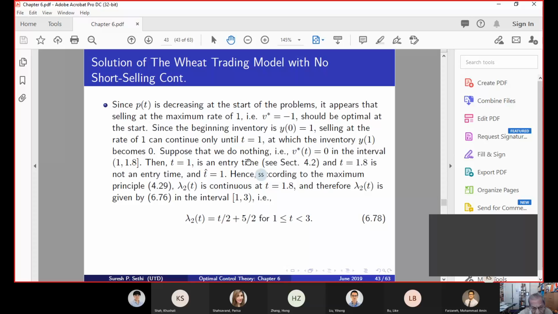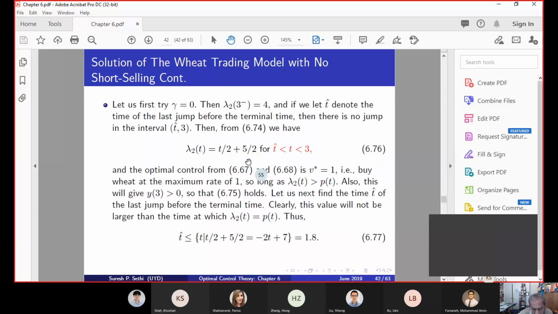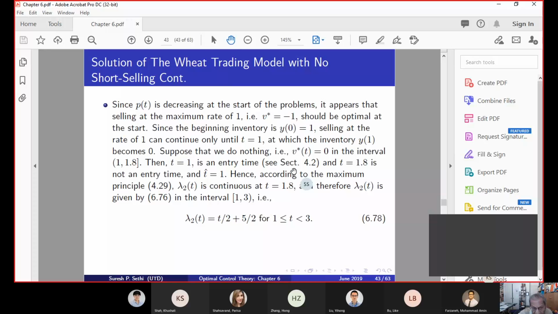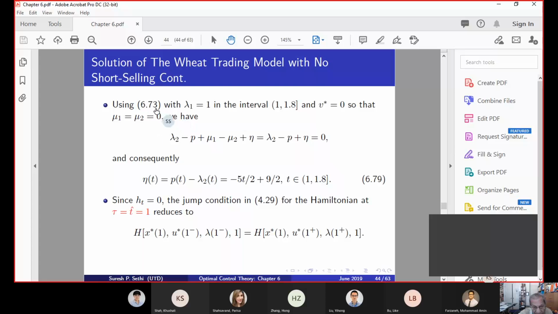So if you go back here, first I found 1.8. Then I went to the beginning. In the beginning, I said I'm going to start selling. So I start selling. And I said lambda 2 is continuous, so I can go lambda 2 all the way from 1 to 3. So that allows me to have a lambda. And then I substitute those conditions here in my Lagrangian condition.